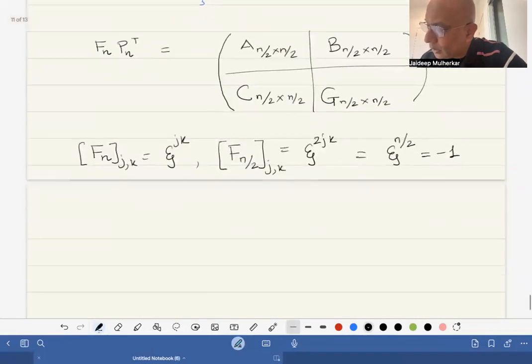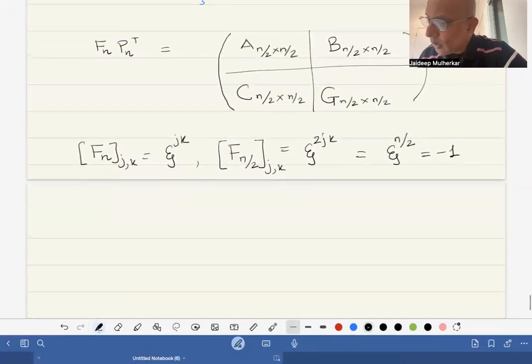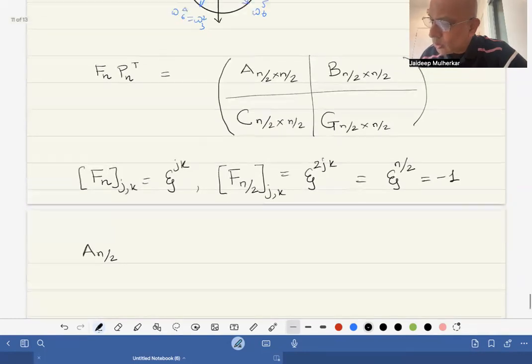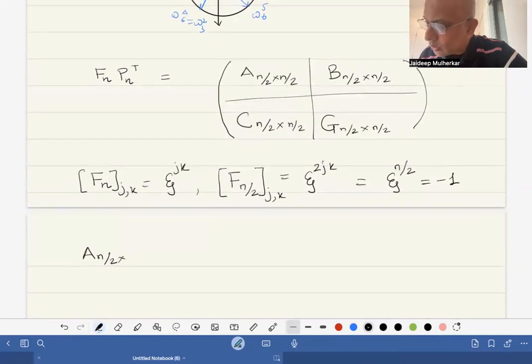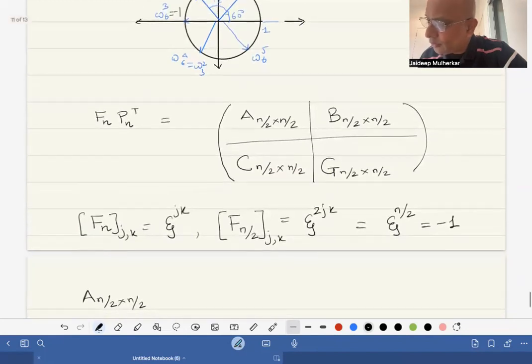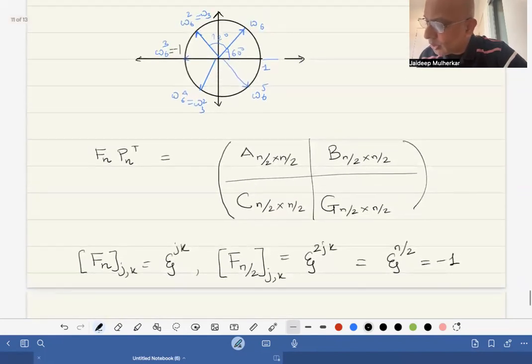Now, let's look at A, n over 2 cross n over 2, right? What we have done after this step is essentially equal to writing the columns F star 0, F star 2, F star 4, so I've brought all the even columns together.